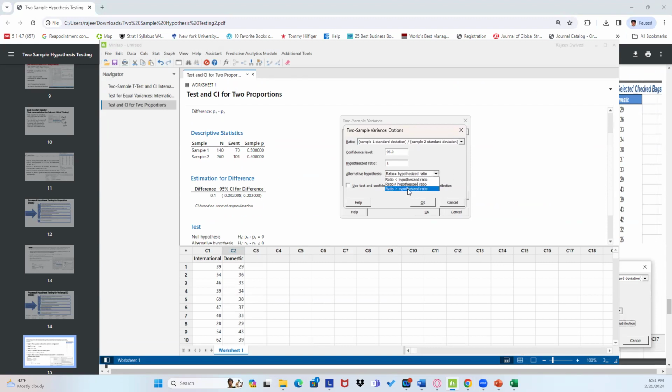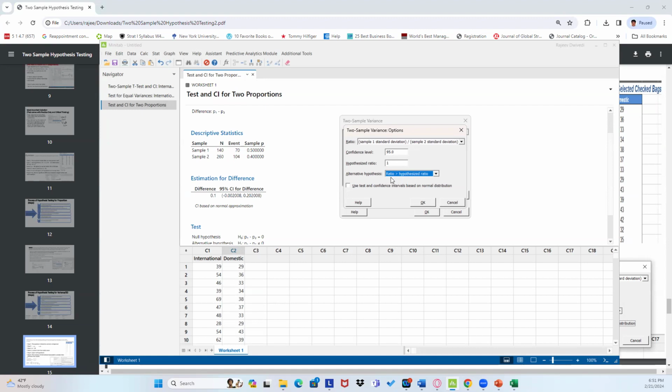Here, the ratio, if this is greater, then we can prove the alternative hypothesis, because the alternative hypothesis is our main aim if we want to establish something useful. The alternative has to be proved, which means the p-value should be less than alpha. So the ratio is greater than the hypothesized ratio, which is 1.